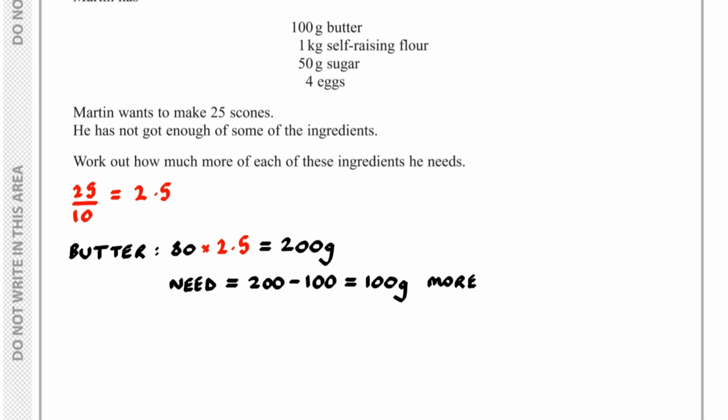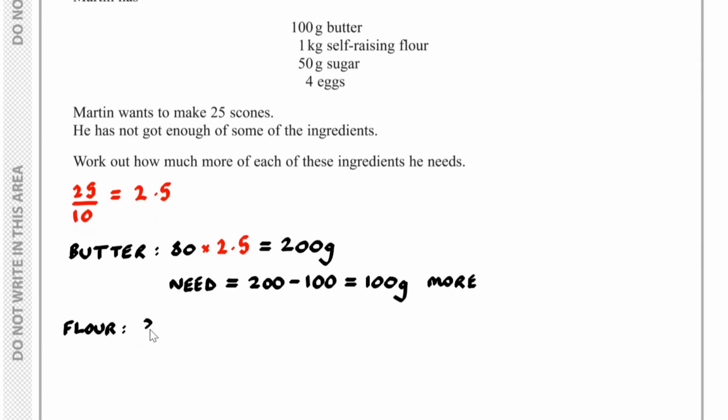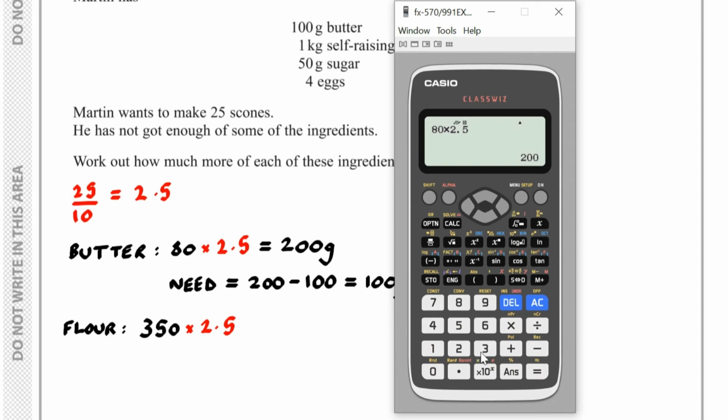Let's now take a look at the flour. For the flour, let's see how much we have. Well, we've got 350 so far. And if I multiply this by 2.5, we get 875.